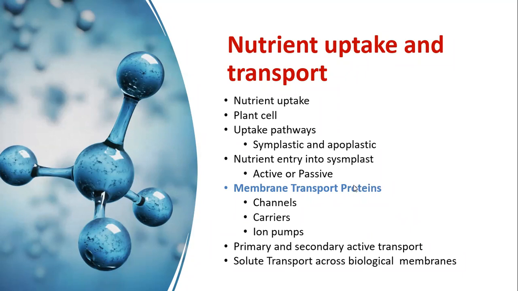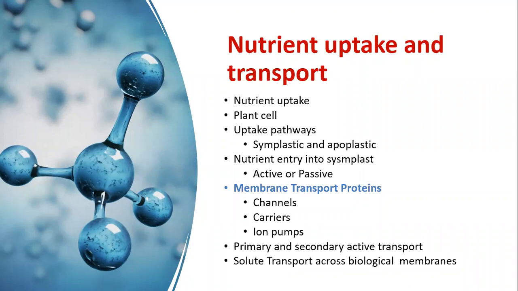we need to know that there are some transport proteins present, which we have already discussed in the previous lecture. These proteins are basically the facilitators for ions to get into the symplast.